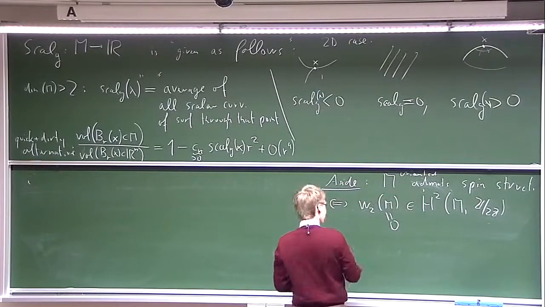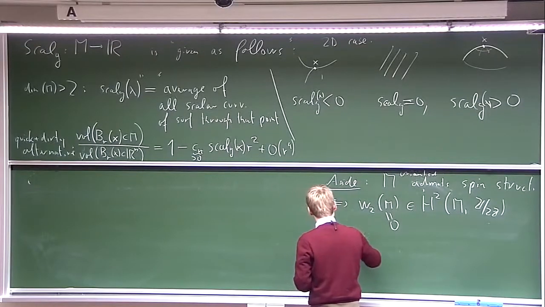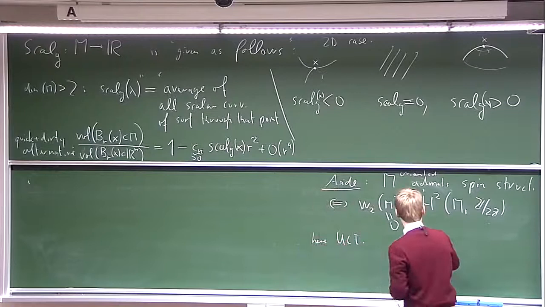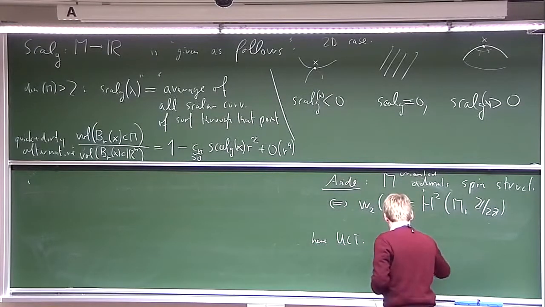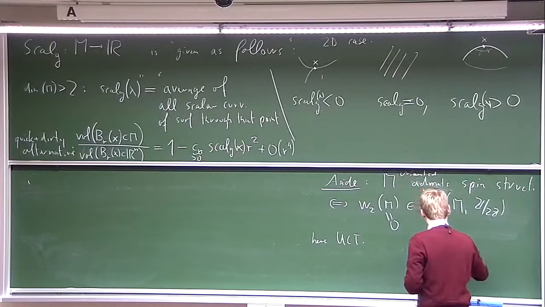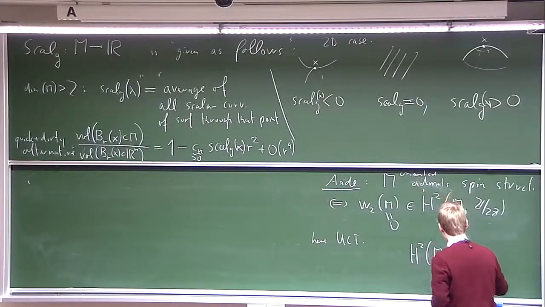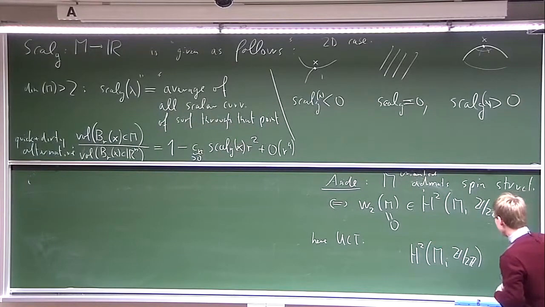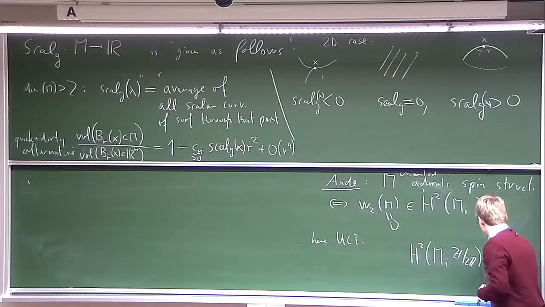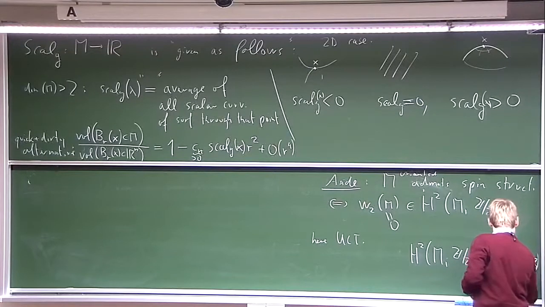Just to explain the discussion, here we have the universal coefficient theorem, which tells us that the second cohomology with these coefficients maps surjectively to the homomorphisms of H_2 into Z/2.